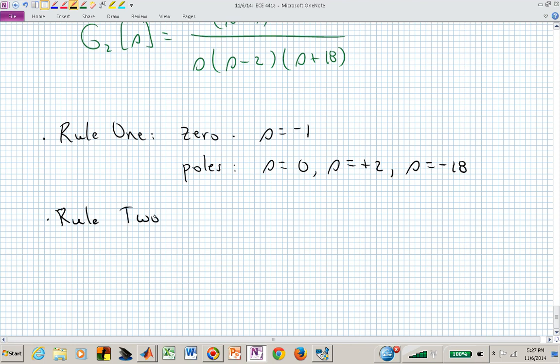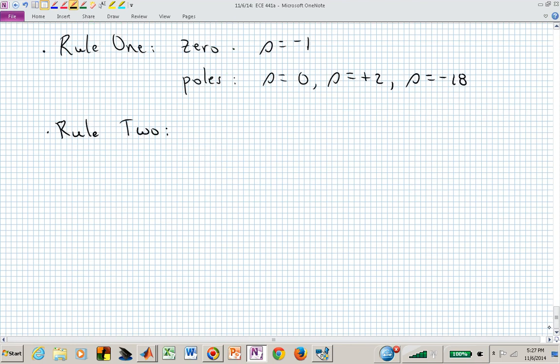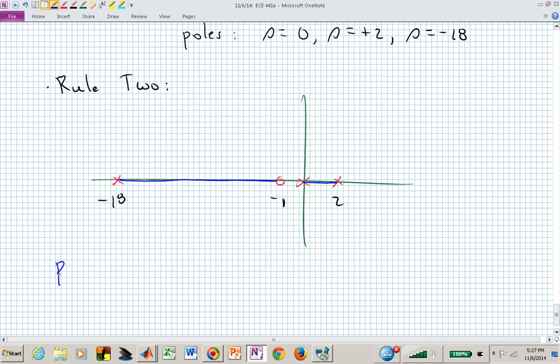Rule 2 now will allow us to identify the real line segments that belong on our root locus. And that is actually a pattern that's consistent with what we've already seen. Now with Rule 3, our pole zero excess is the same. It's 2.